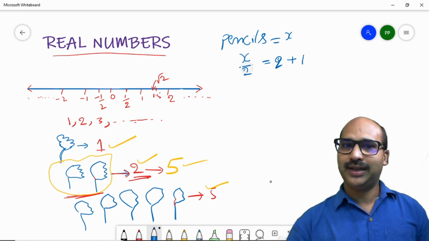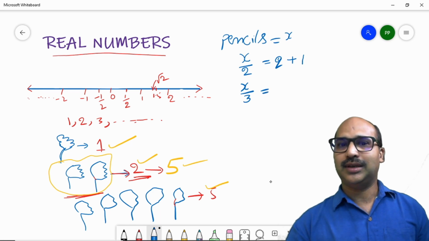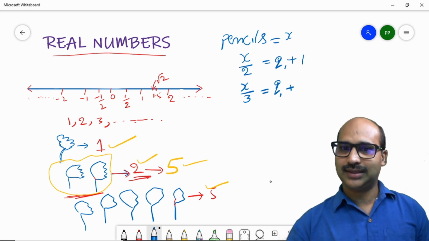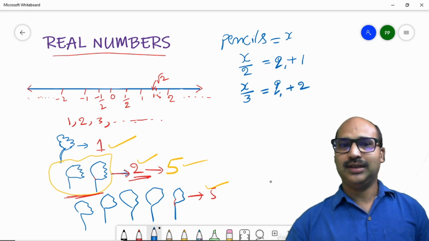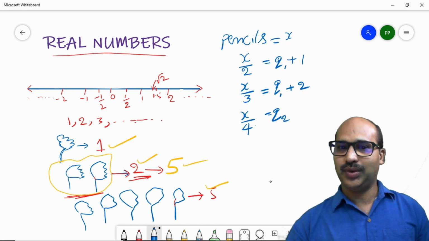So if they are divided among two children equally, 1 is left. And the same number of pencils divided among 3 children equally, some other quotient q1 plus 2 are left. The same number of pencils divided among 4 children equally, then some q plus 3 are left.